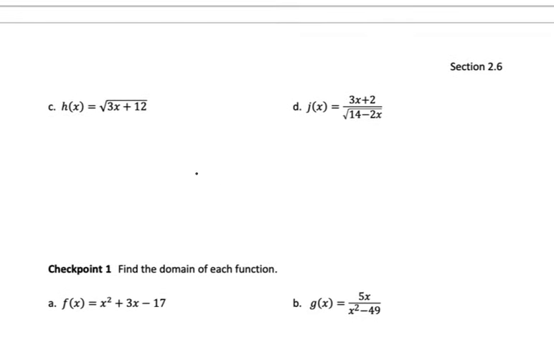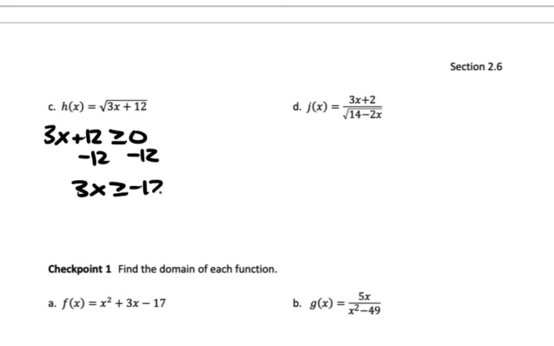Part C, this time I have a square root. So what I'm going to do is set what's under the square root, 3x plus 12 in this case, greater than or equal to 0, and solve. So I would subtract 12 from both sides, and then divide, and that gives me x is greater than or equal to -4.